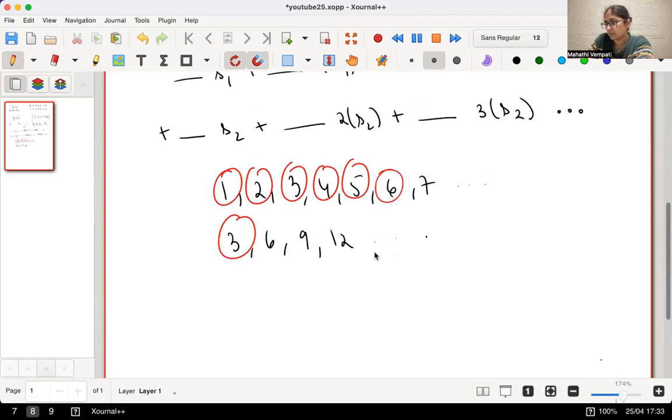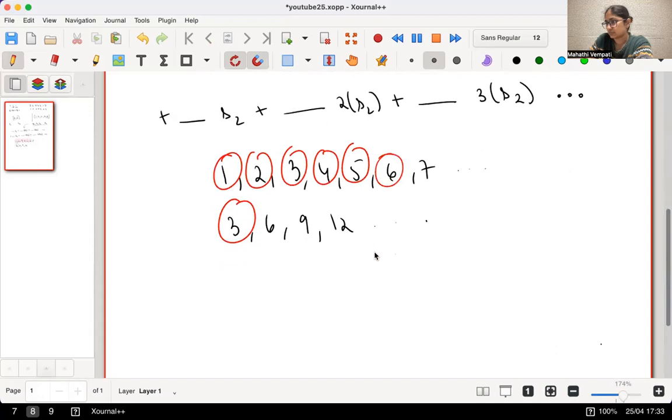And once I pick them, I place them in ascending order, like 1, 2, 3, 4, 5, 6. And then the first guy here. So this is the first guy, second guy, third guy, fourth guy, fifth guy, sixth guy, seventh guy.